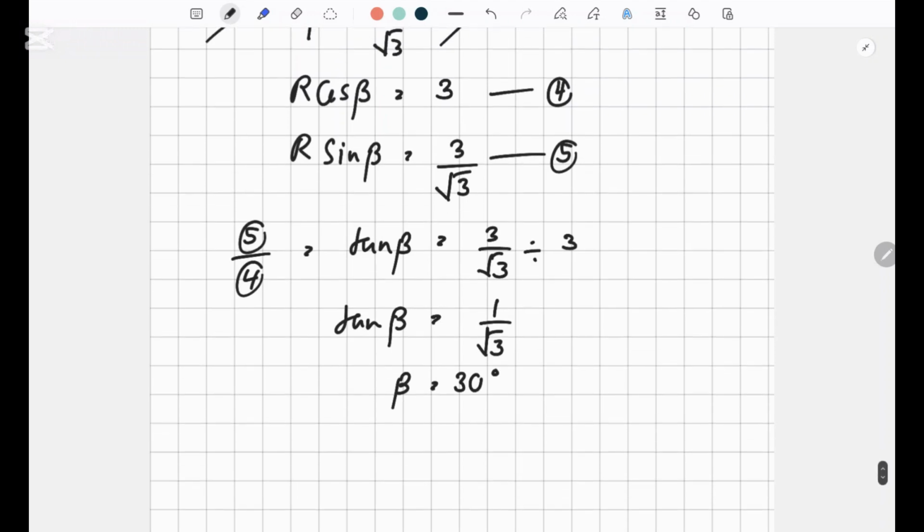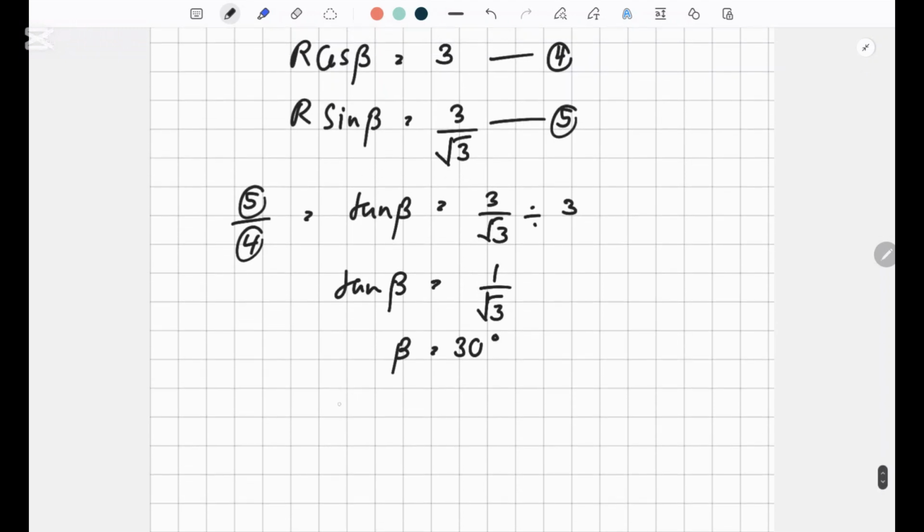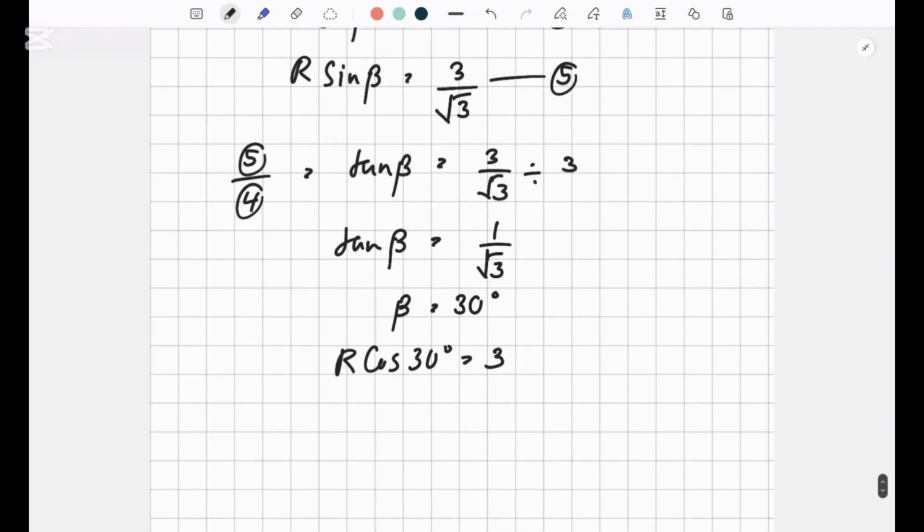So you found beta. So now we can find R. R cos 30 equals 3, you can take either equation. I'm just taking the fourth one because we don't have to deal with the root. So cos 30 is root 3 over 2. So R equals 3 into 2 over root 3, giving you 6 over root 3. Okay, let me just double check.